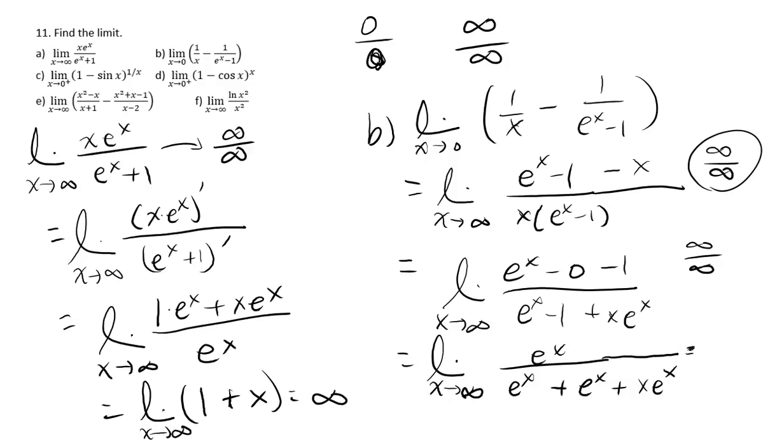And that basically brings it down to the limit as x goes to infinity of, well, you can divide top and bottom by e to the x. You can do that for a fraction, right? So you get 1 over 1 plus 1, which is 2, plus x, and that's gone. So now you have 1 over 2 plus x, where x goes to infinity, that's equal to 0.